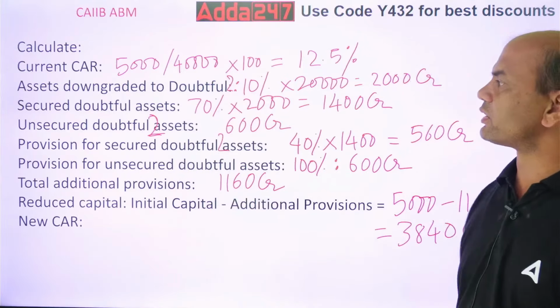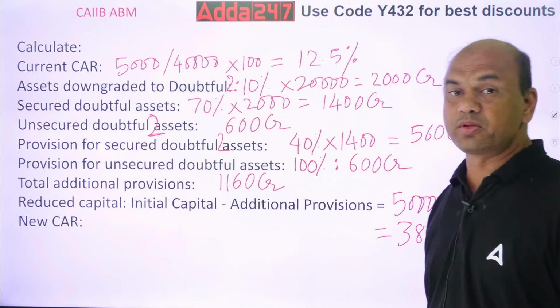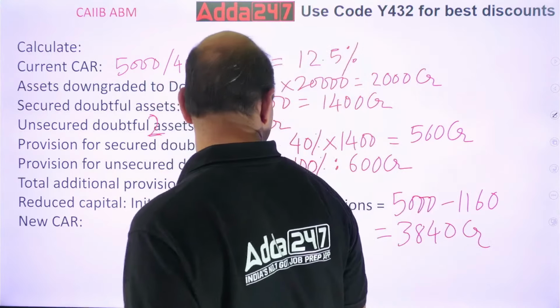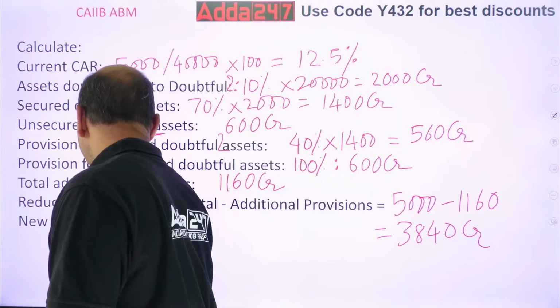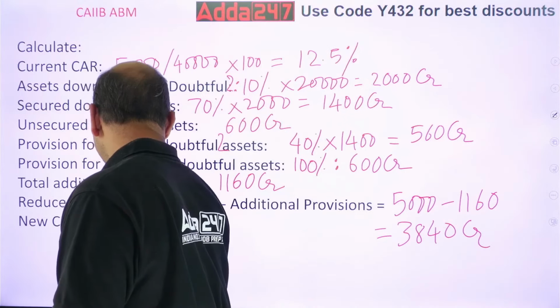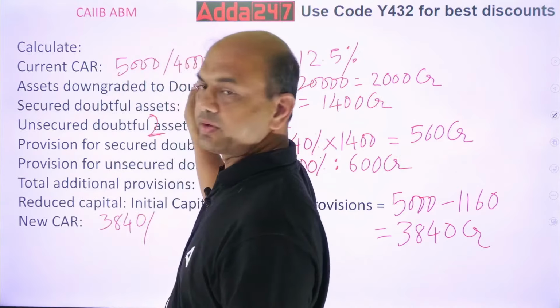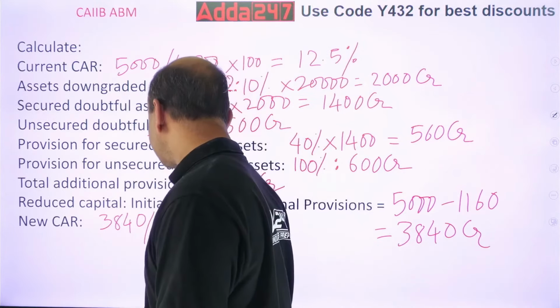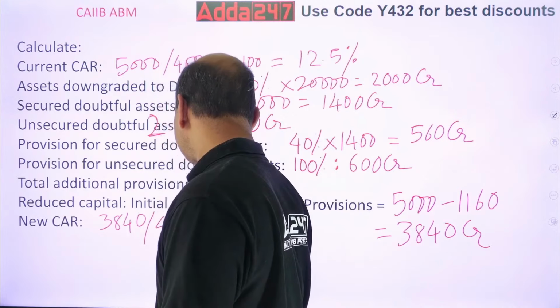New CAR, new capital adequacy ratio. Now RWA remains the same, but your capital has reduced. So new CAR is 3840 divided by RWA, 40,000, that is the same, not changing, into 100.